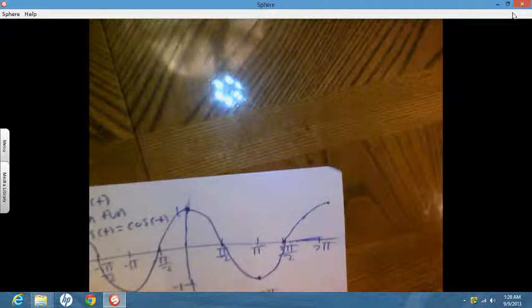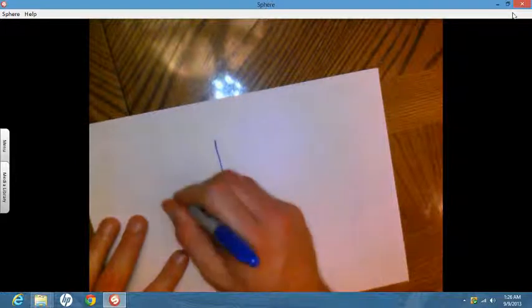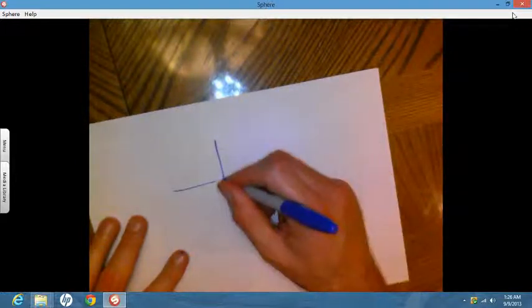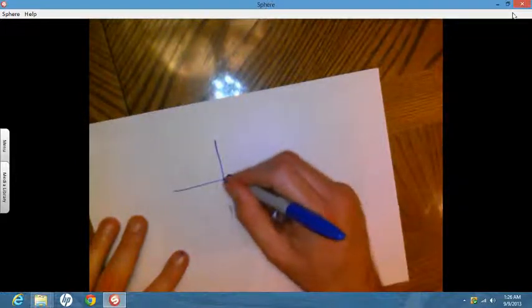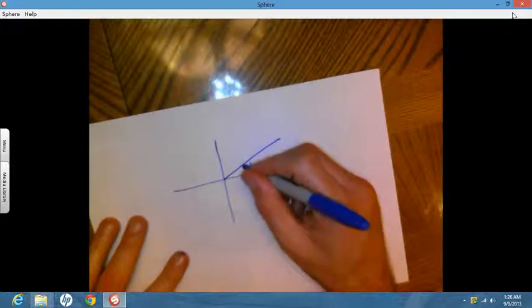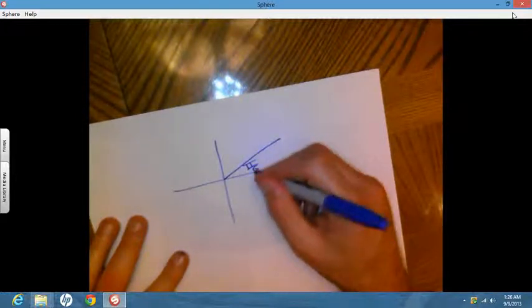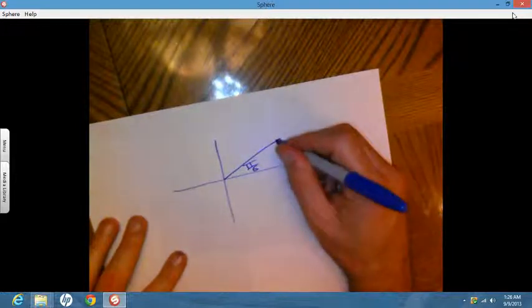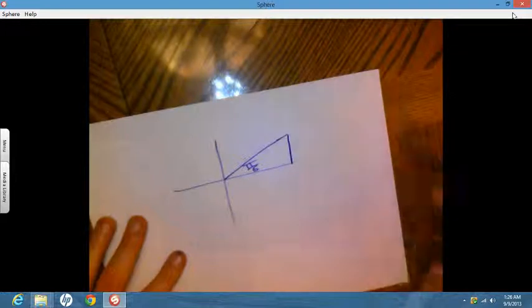If we start at 0 degrees and we go forward by pi over 6, where pi over 6 is 30 degrees, we can draw our triangle like this, and the x-coordinate at this point is going to be the square root of 3 over 2, and the y-coordinate is going to be 1/2.